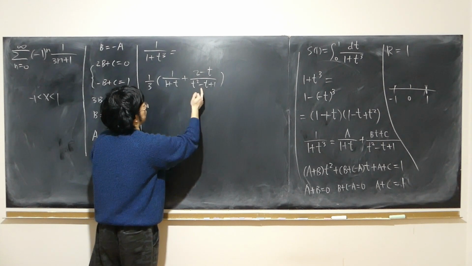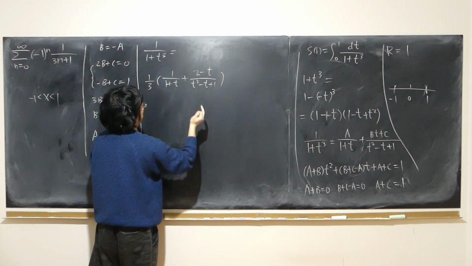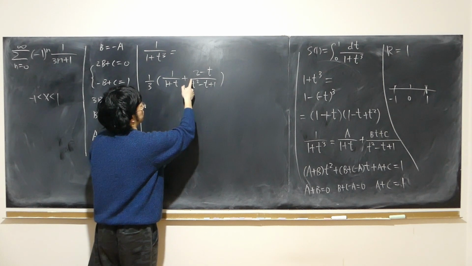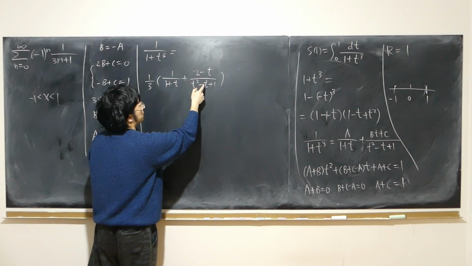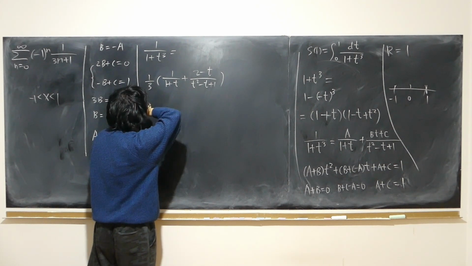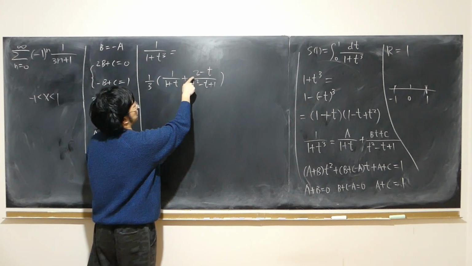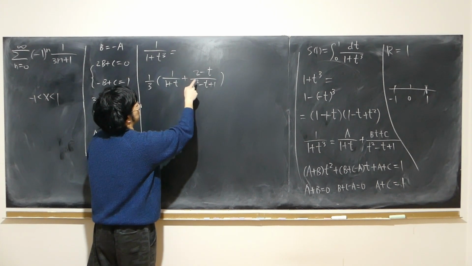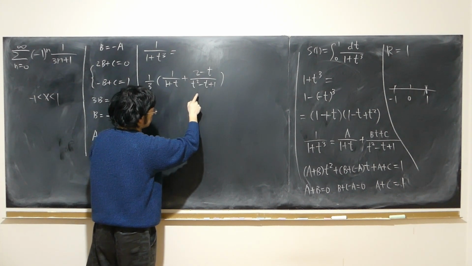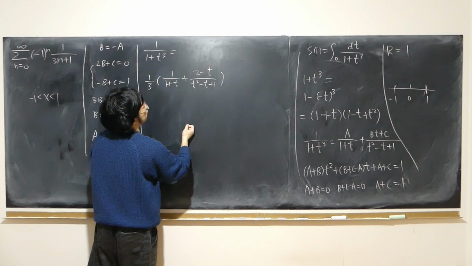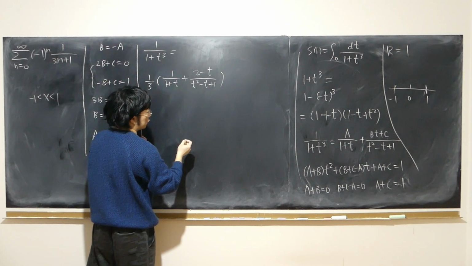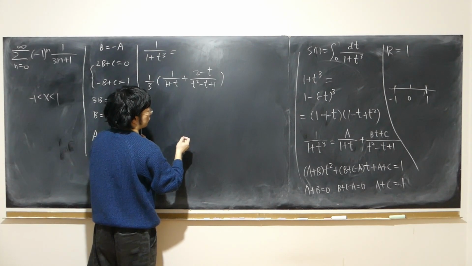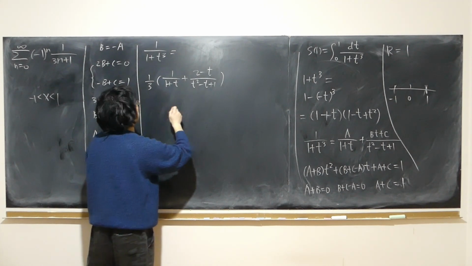So maybe I multiply by 2 on top and multiply by half, then I have 4 minus 2t. But I want to have 2t minus 1, so maybe factor out the minus sign, then I have 2t minus 4. Minus 4 can be split into minus 1 and minus 3. So that's the plan.